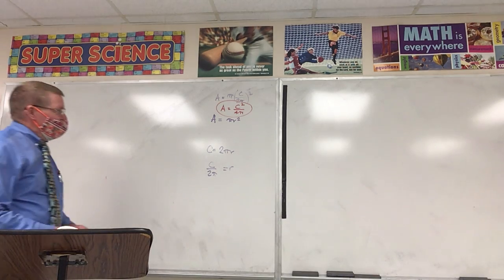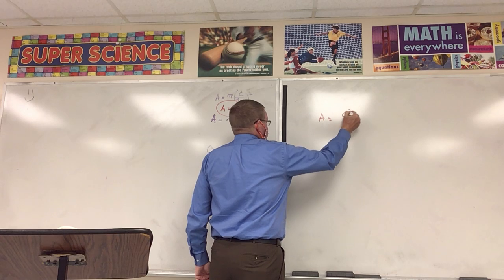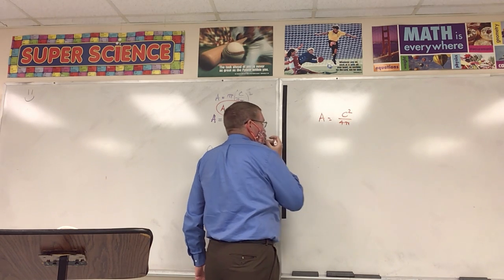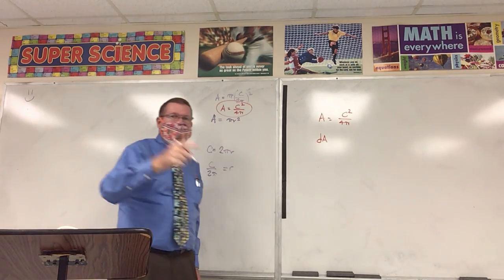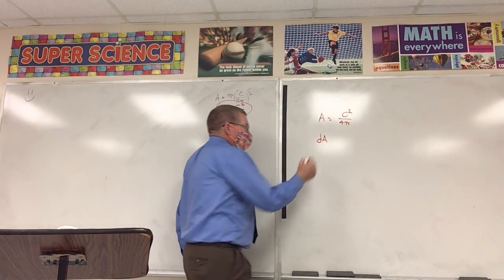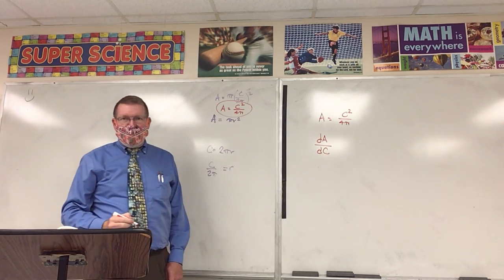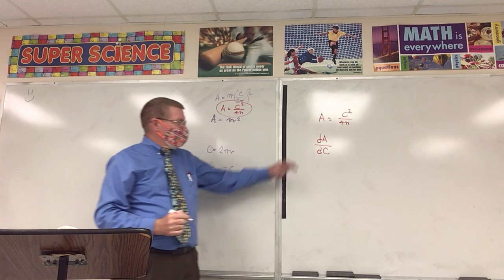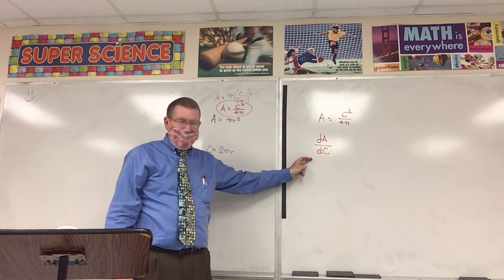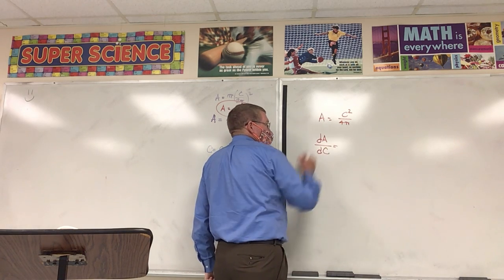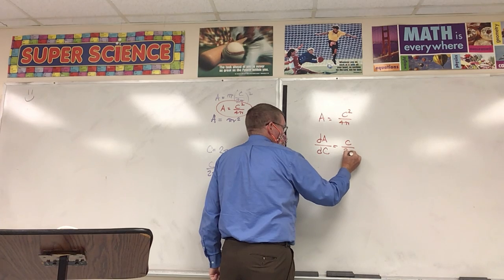So now I'm going to take A equals C squared over 4 pi and take the derivative, so that's dA, which means I took the derivative of A with respect to circumference, dA over dC. This is the function I took the derivative of, and this is the variable it's with respect to. What's the derivative? That's going to be C over 2 pi.